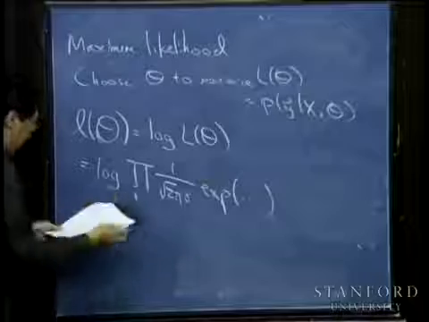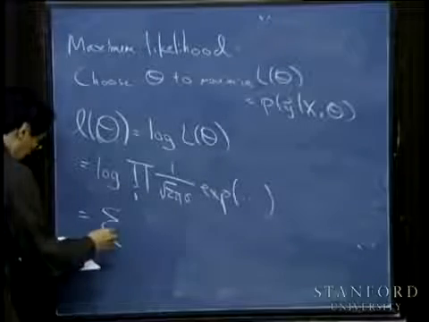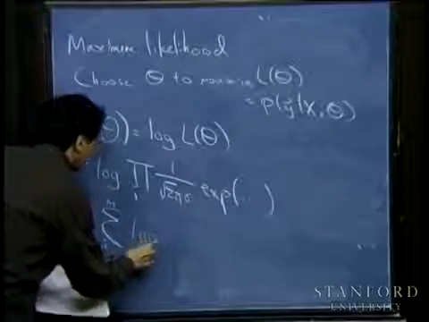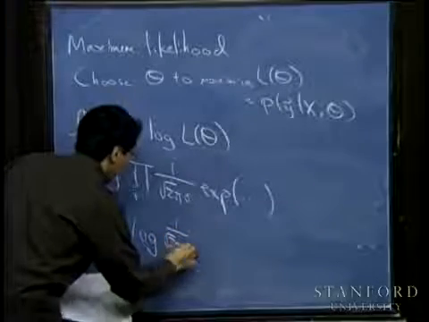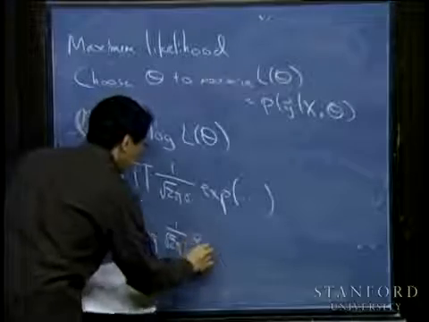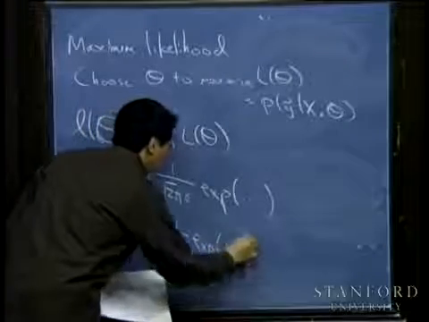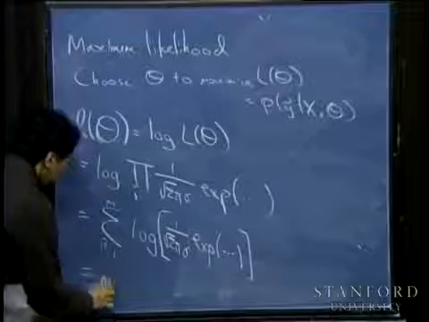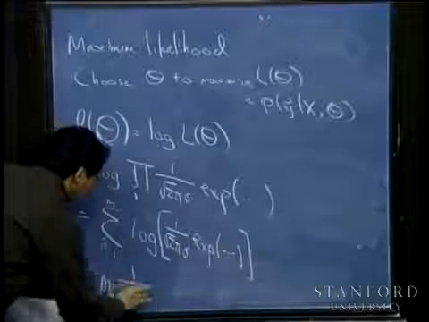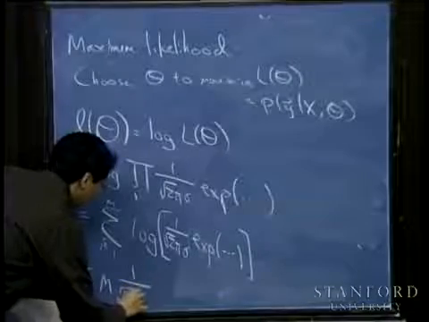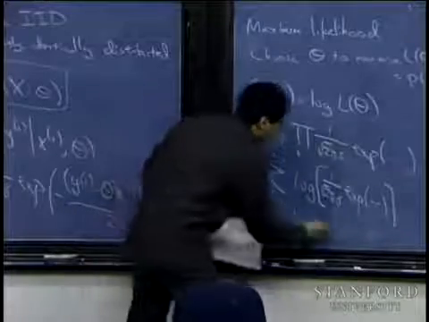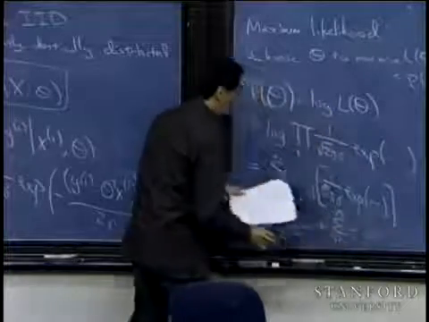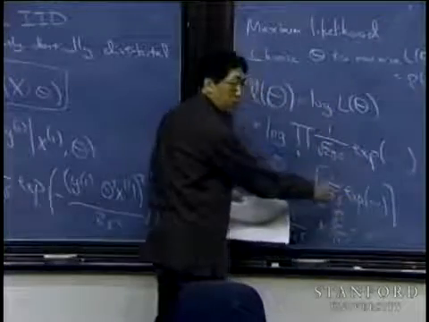The log of the product is the same as the sum of the logs. So this is the sum of the logs of, which simplifies to m times log of 1 over root 2 pi sigma, plus, and then the log and exponentiation cancel each other.